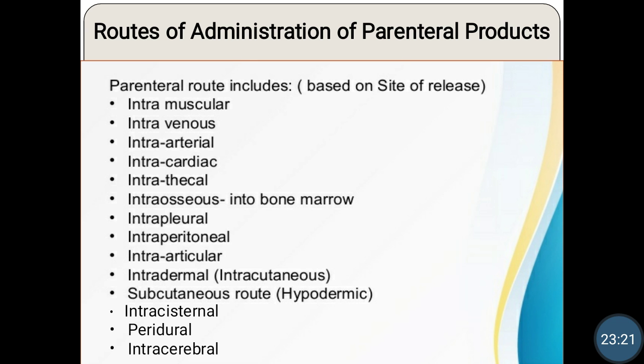So these routes are intramuscular, intravenous, intraarterial, intracardiac, intrathecal, intraosseous, that is into bone marrow, intrapleural, intraperitoneal, intraarticular, intradermal, that is intracutaneous, then subcutaneous route, then intracisternal, peridural, and intracerebral.